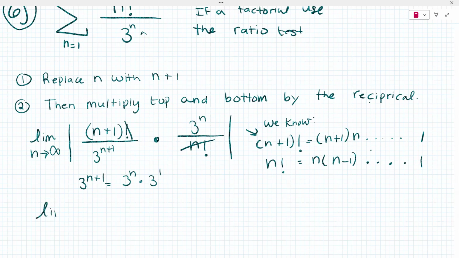The limit as n approaches infinity of the absolute value of n plus 1. This factorial disappears. You're still left with this 3 to the n over 3 to the n. This doesn't disappear.